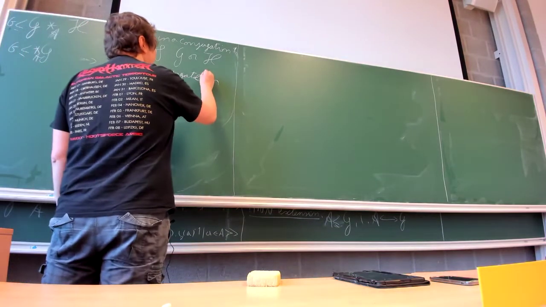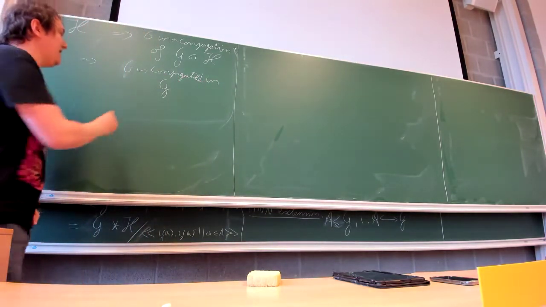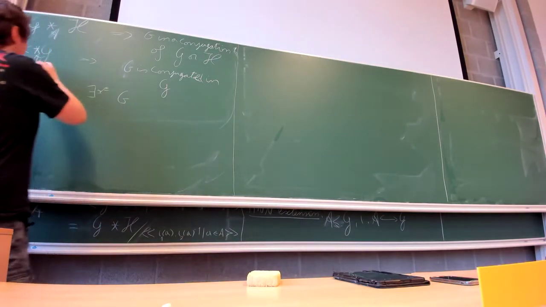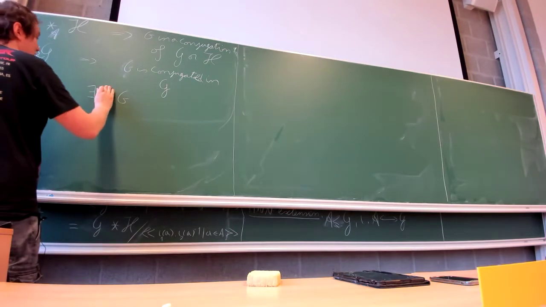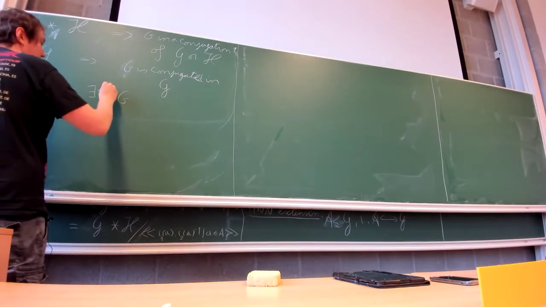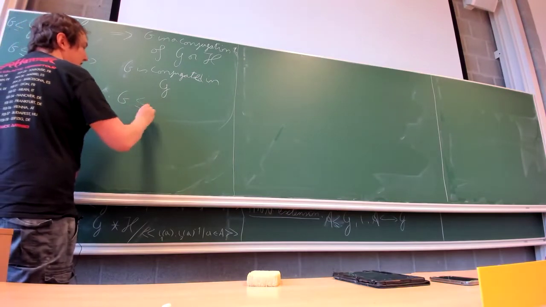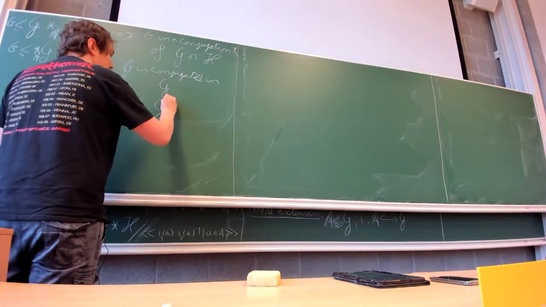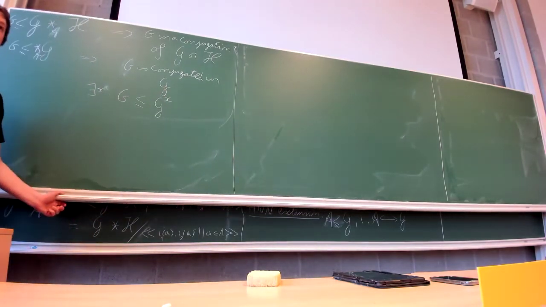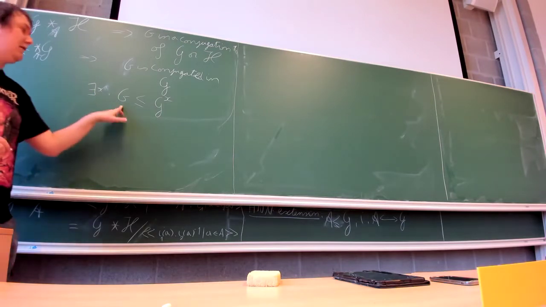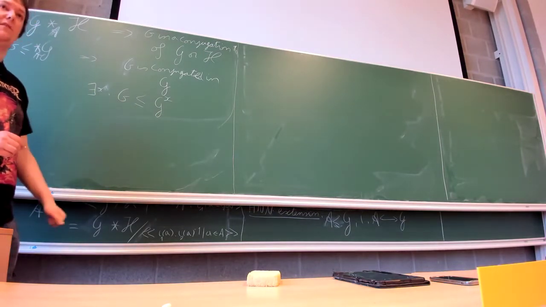G is conjugated in G. It basically means that there exists an element X of this large amalgamated product for which G is actually a subgroup of G to the X, considered as a subgroup of this amalgamated product. You can find your small G inside of there somewhere.